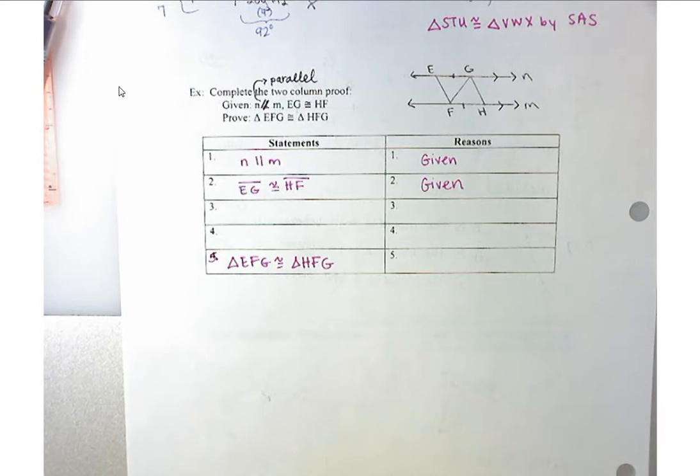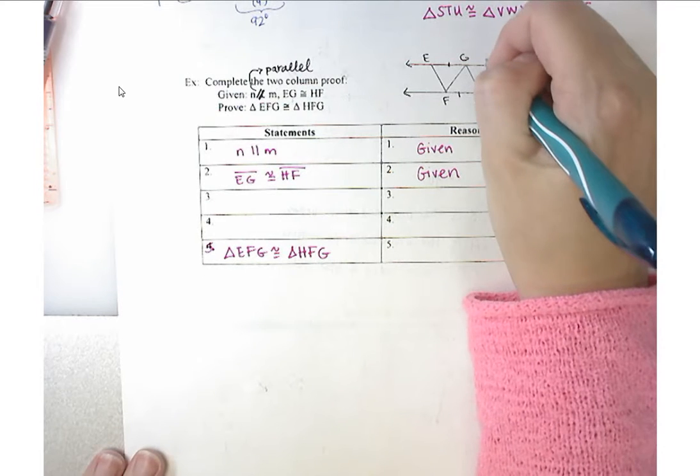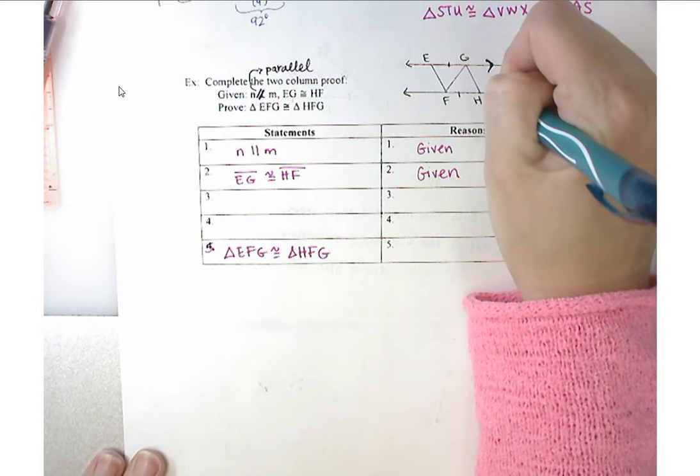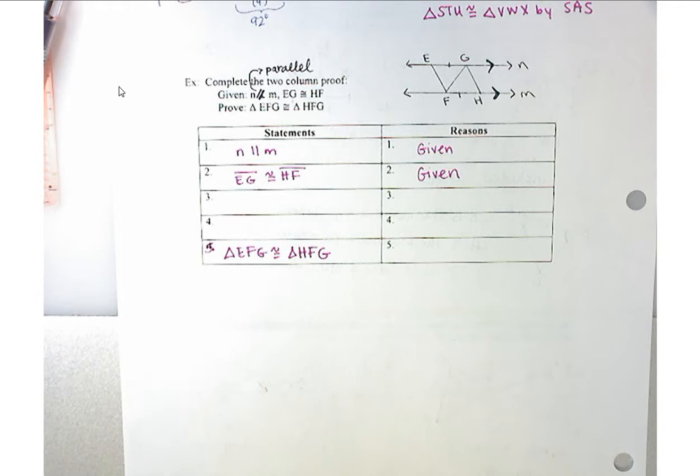Remember I told you it's going to be really important to mark things off on your diagram. When they tell me that N is parallel to M, not only do I want to mark this off on my diagram, but now I'm going to start thinking. When I'm told that something is parallel, what's something that can come after that?